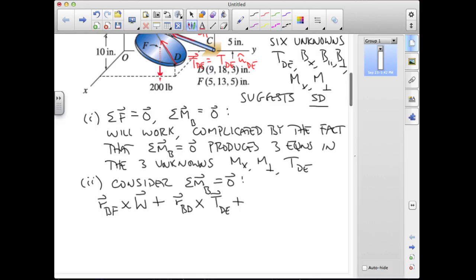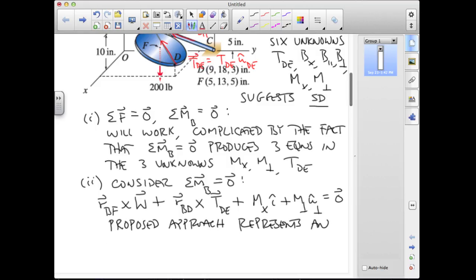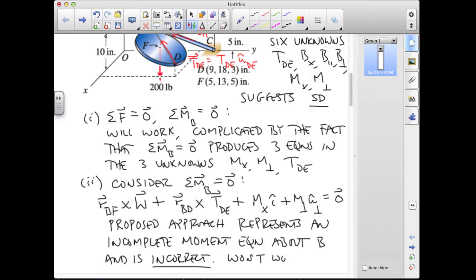And then we have the moment reactions we have to add. So we have to add plus Mx along I and plus M perp along U perp, equal to 0. So here the proposed approach represents an incomplete moment equation about B and is incorrect. So this won't work, and when we get back to rating this, we'll give it a 0.